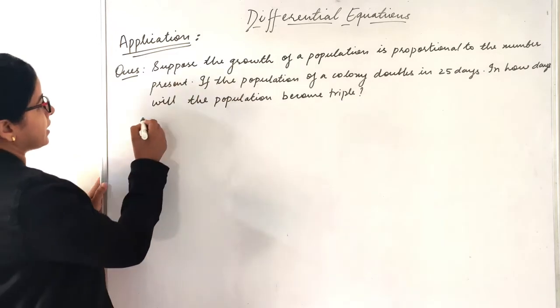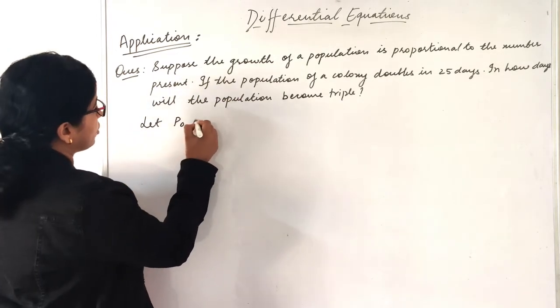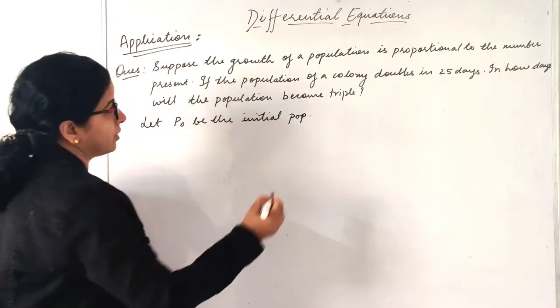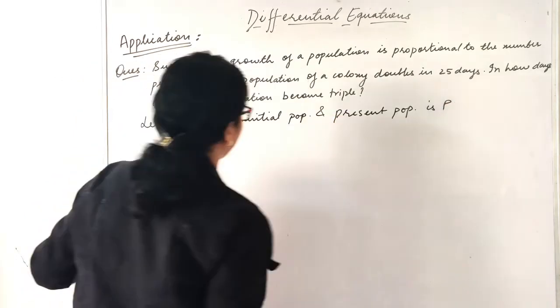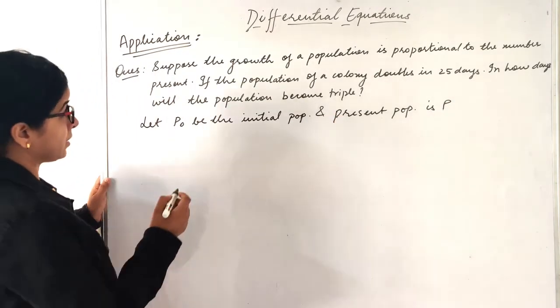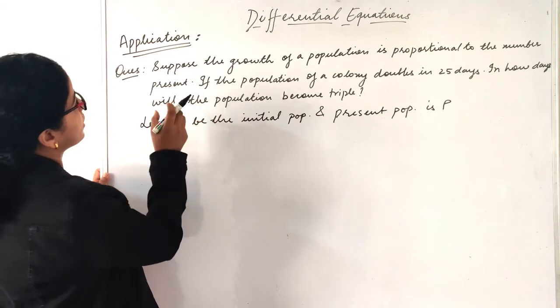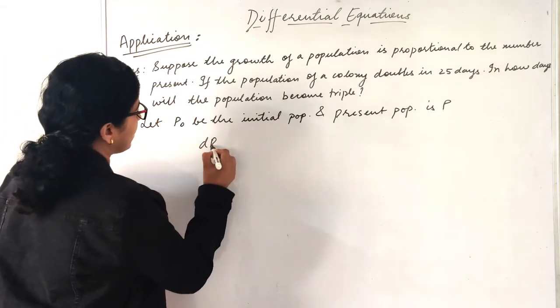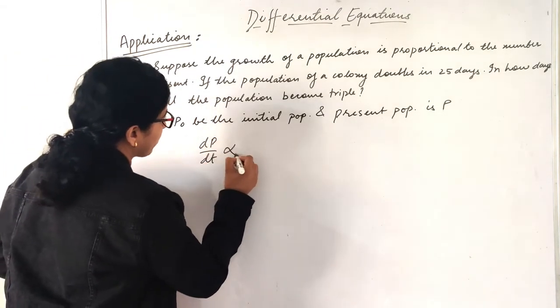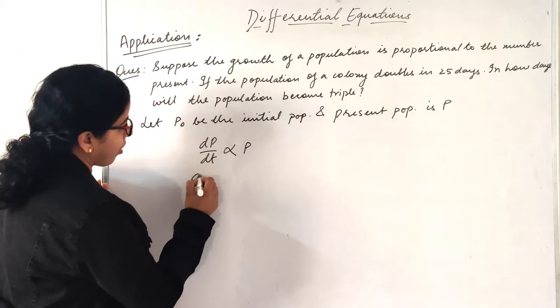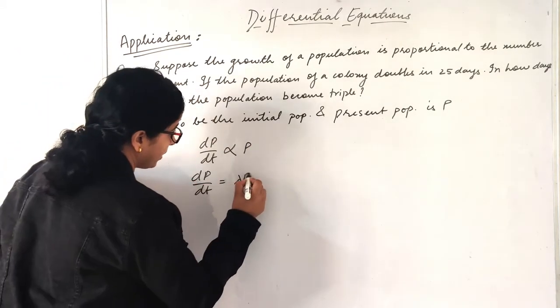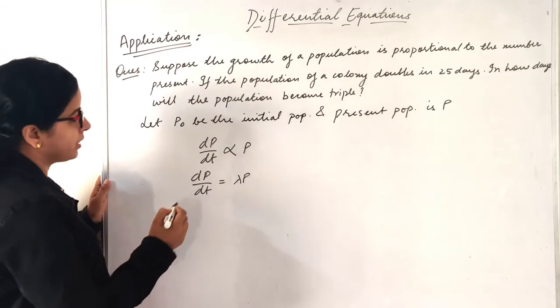So let us assume, let P0 be the initial population and present population is P, right? Now it is given that the growth of population is proportional to the number present. So I can write dP upon dt is proportional to P, or this can be written as lambda P, proportionality constant, right?